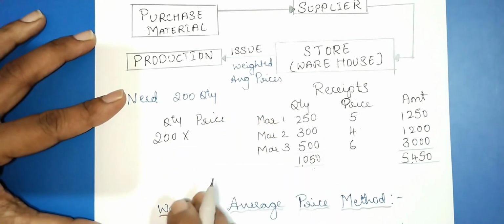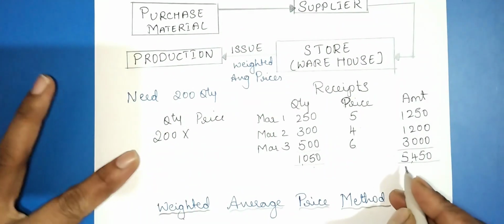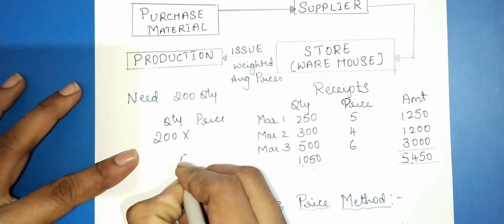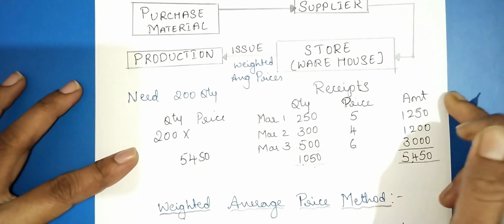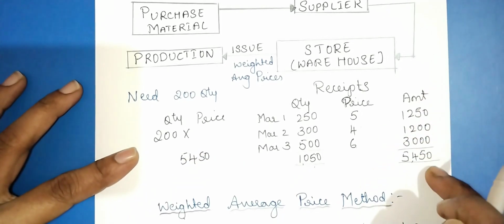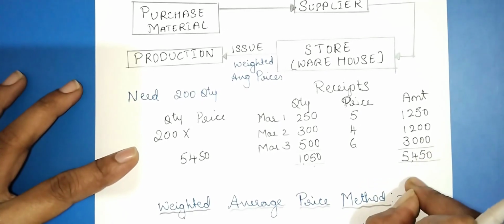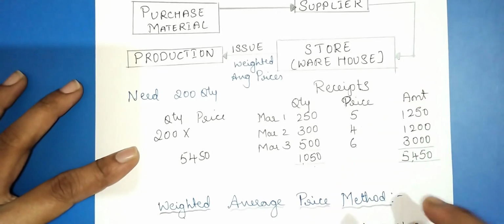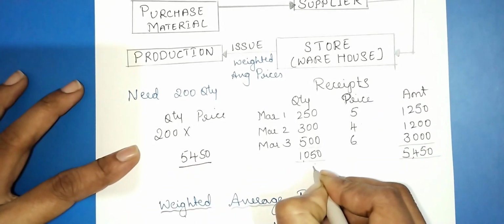So how are we fixing the price under this weighted average price method? It is very simple. Take the sum total of your amount column, whatever is available on the day. The stock available in hand, the total stock amount, you are taking divided by the total quantity.